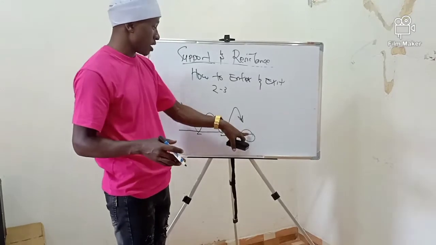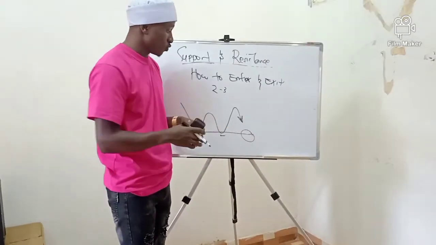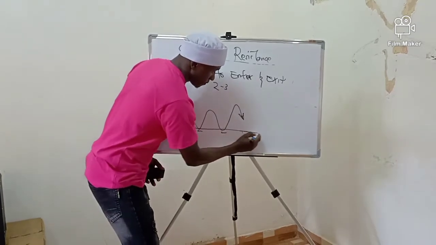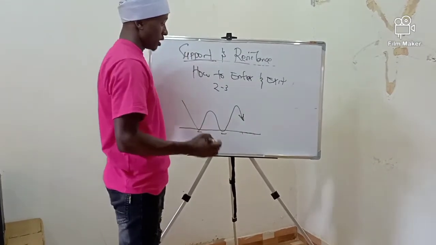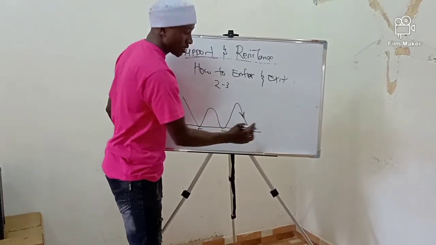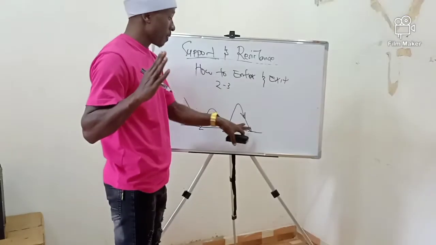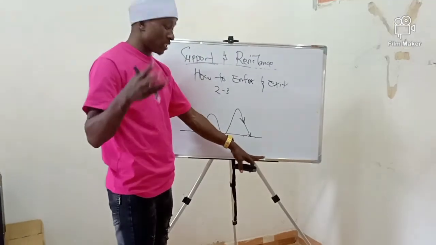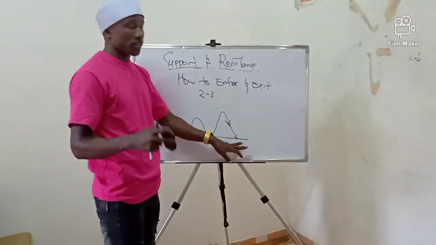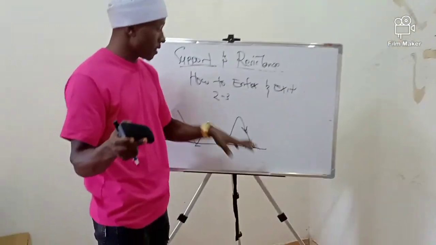Assuming you want to enter a buy position at this level, this is what we expect the market to do. After it reaches here, it will form reversal candlestick patterns, or just one candlestick that is a reversal candlestick.